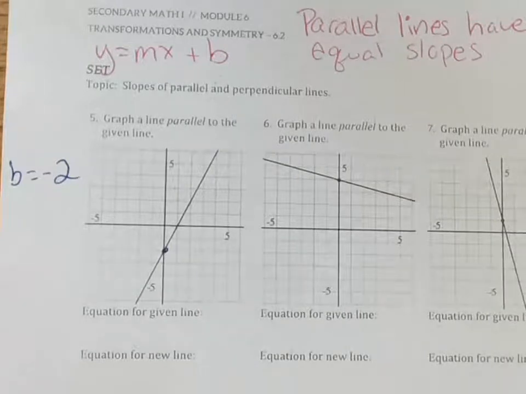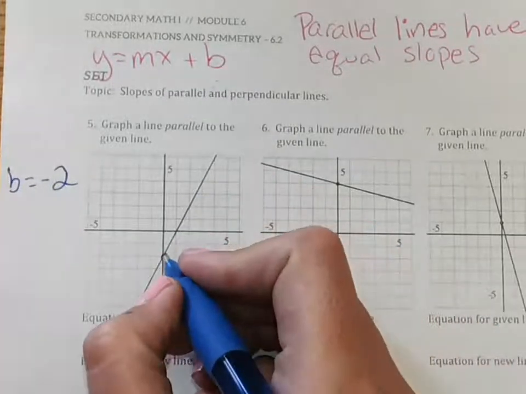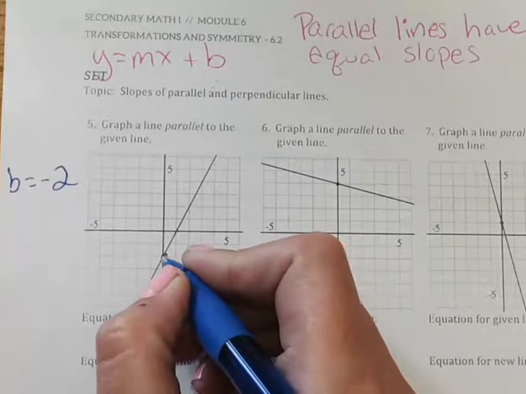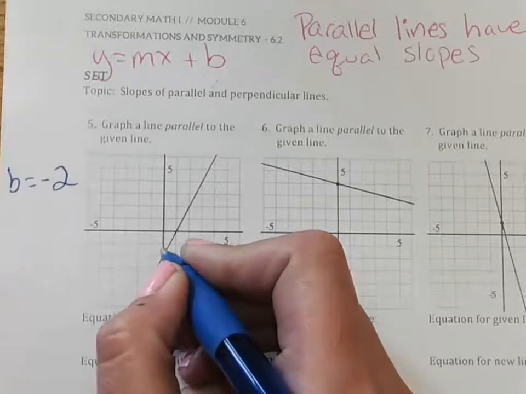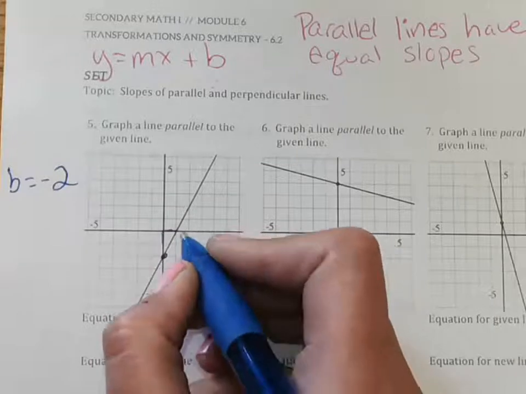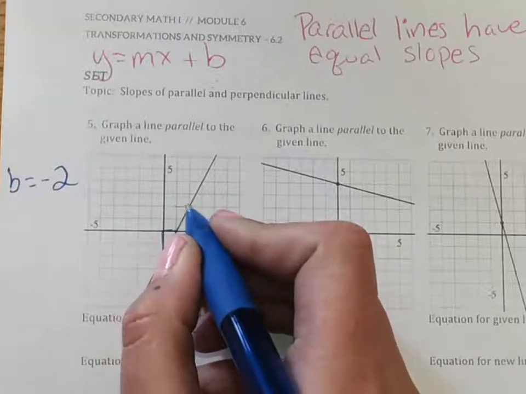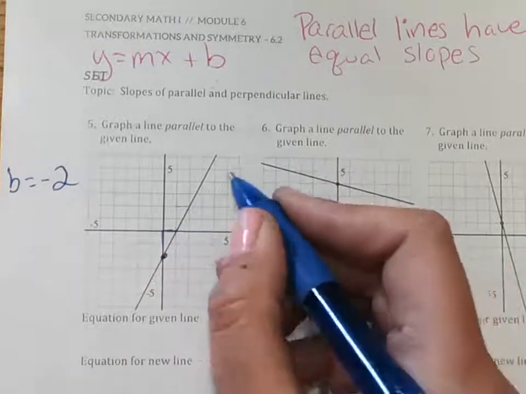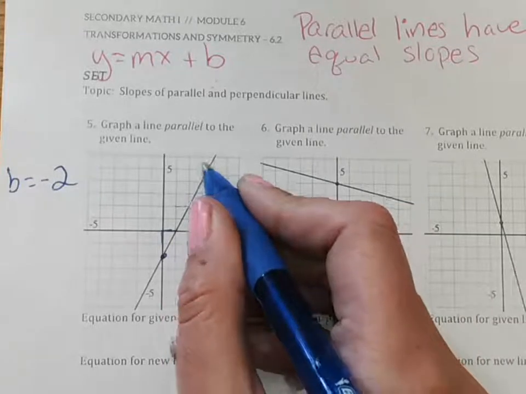You can do so by picking 2 points, but I'm just going to use the graph. So I'll start here. It looks like we go up 2, over 1. And there's another point. I went up 2, over 1. Up 2, over 1, forever and ever.